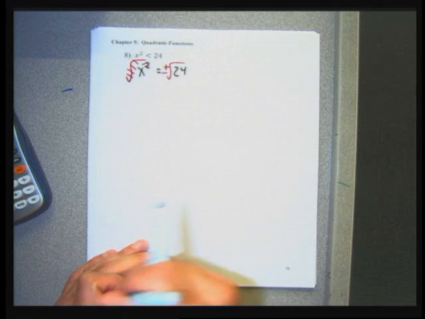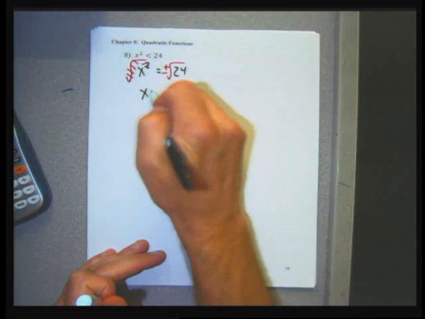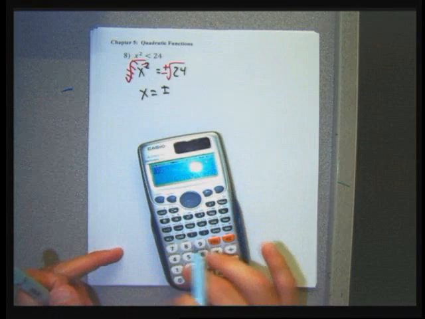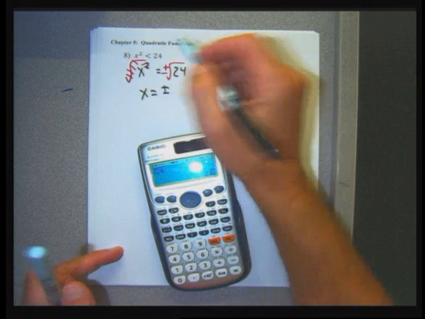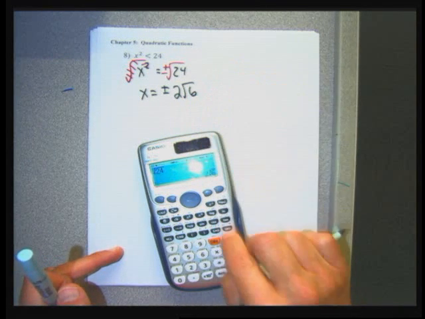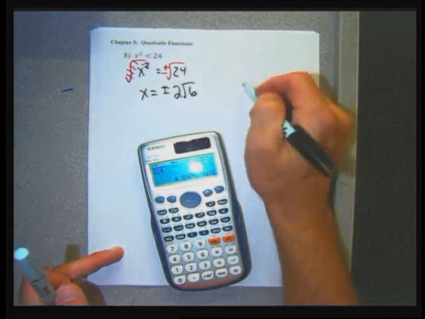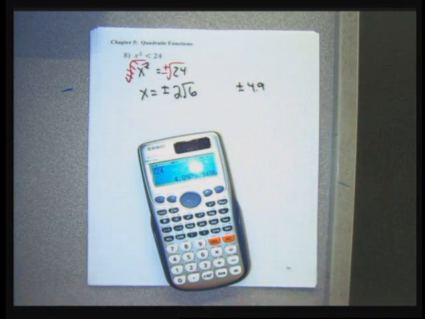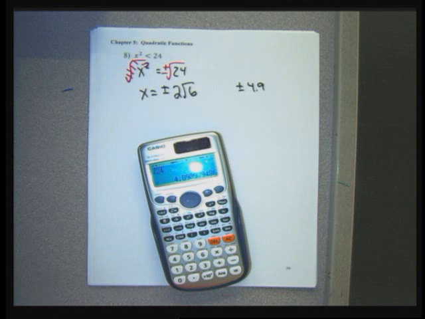Square root of x squared is x. The square root of 24, I'll rely on my calculator. The square root of 24 is 2 square root of 6. I'm going to SD it to get a decimal. So it's about plus or minus 4.9. It's a little bit shy of 5.